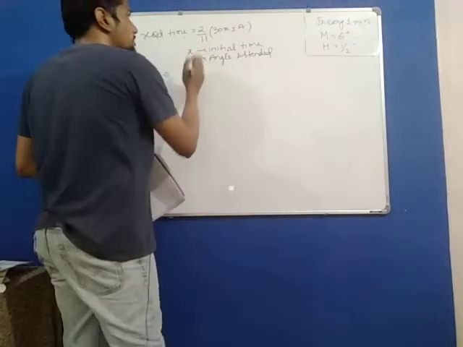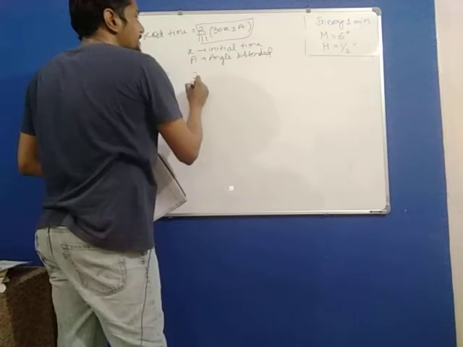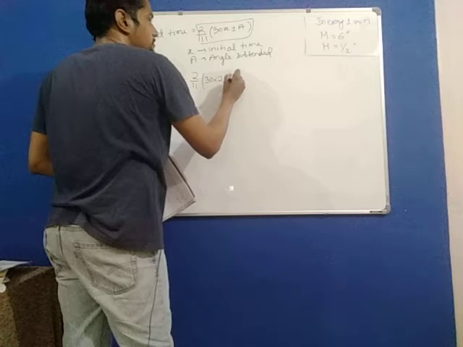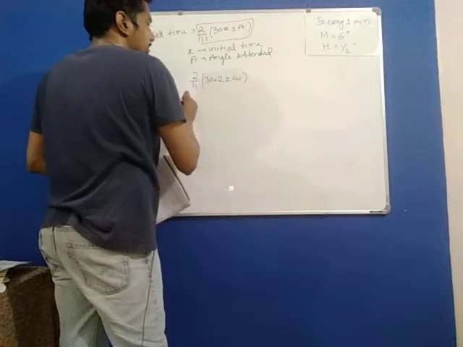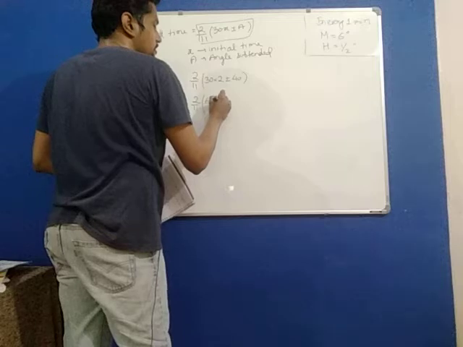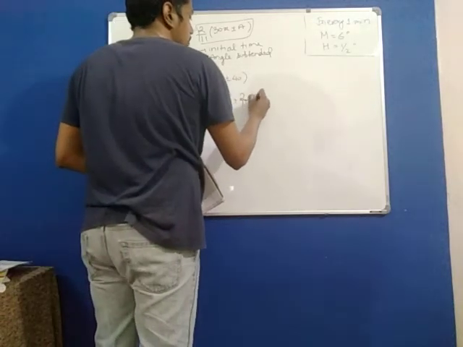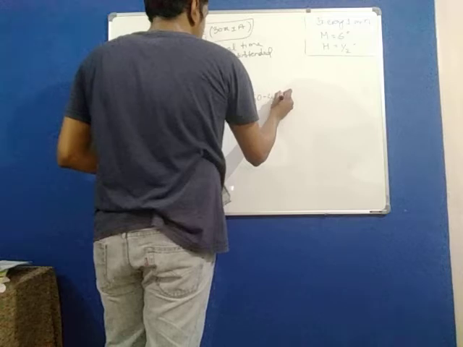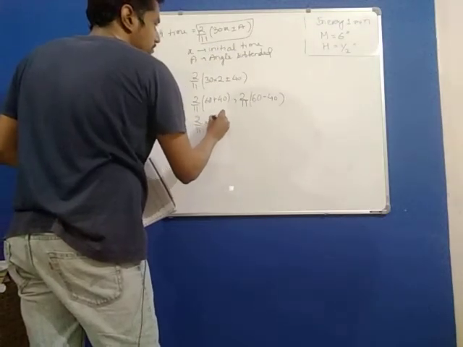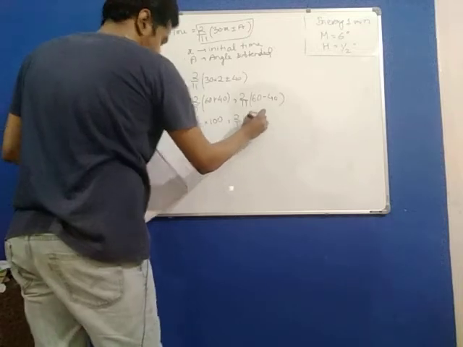So if we substitute in this particular formula, we will get 2 by 11 (30 into 2 plus minus 40), that is nothing but 2 by 11 (60 plus 40), or 2 by 11 (60 minus 40), that is 2 by 11 into 100, or 2 by 11 into 20.